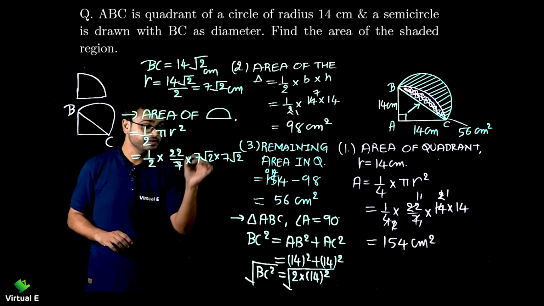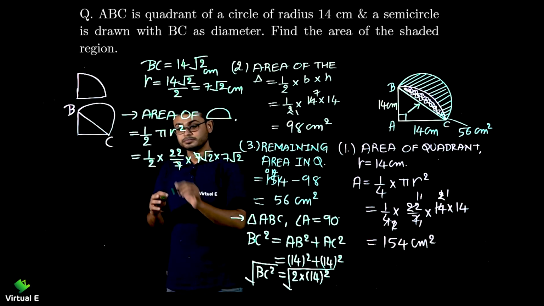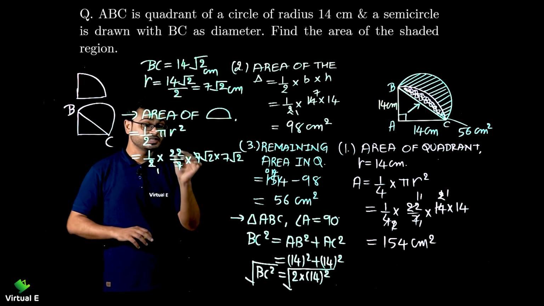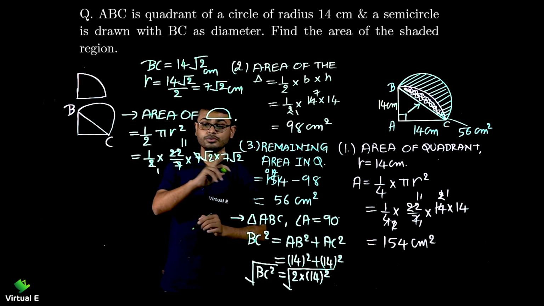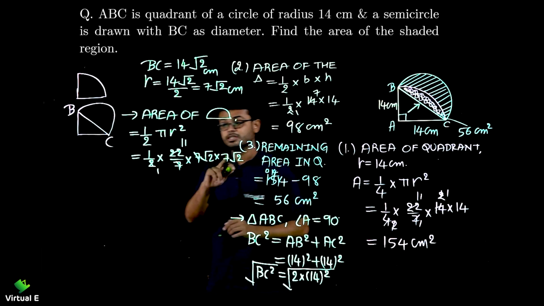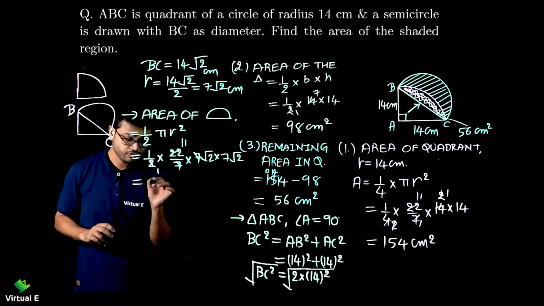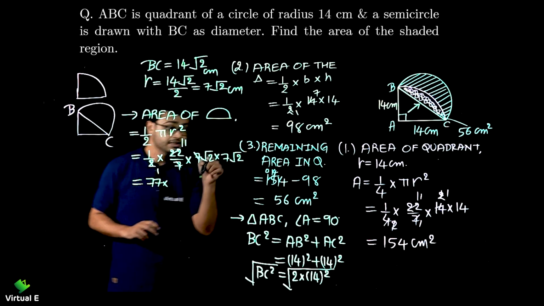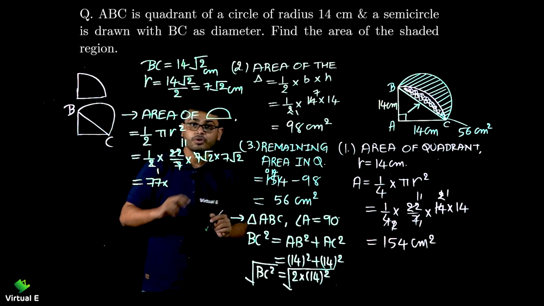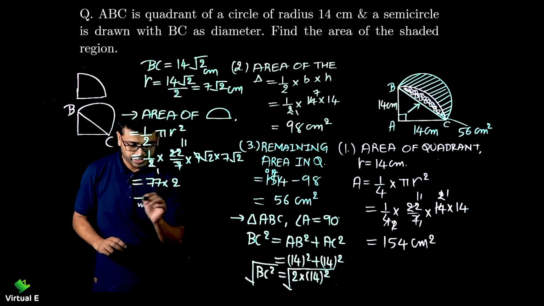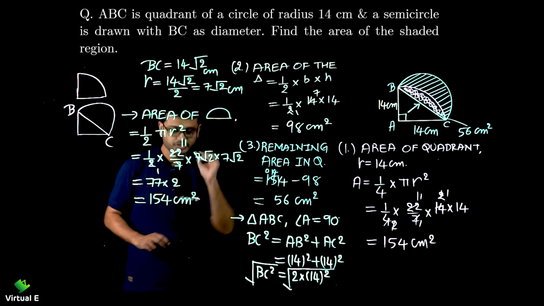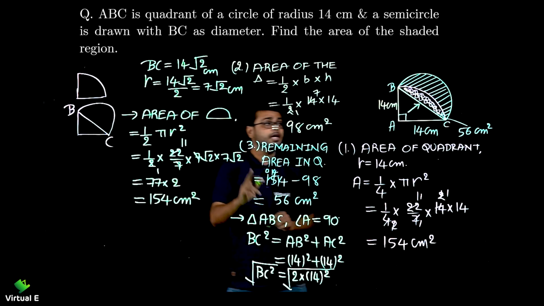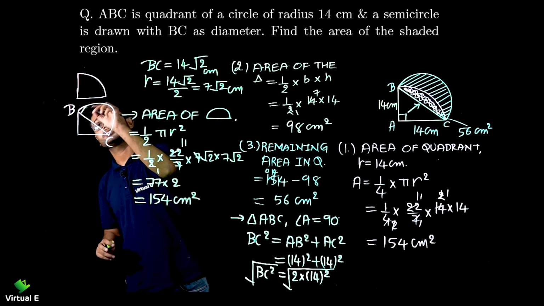Be careful, 7 cancel. And here, let's cancel this one. 1s and 11s, right? Now 11 into root 2 and there is a 7 as well. So 77. See, be careful over here. 77. Then root 2 into root 2 will give you what? Only 2. Right? So it is 154 centimeter square. That is the area of this semicircle.